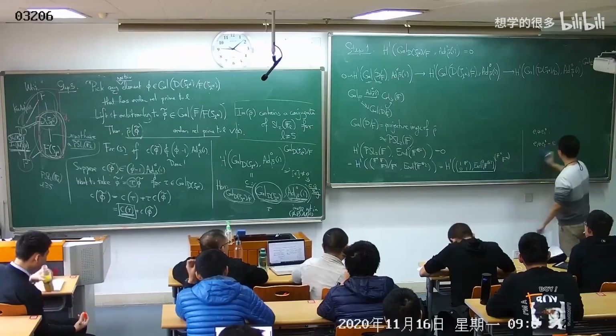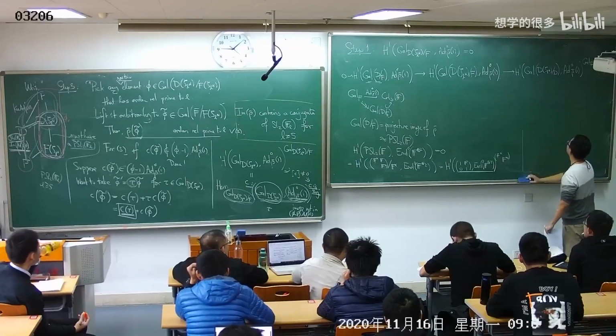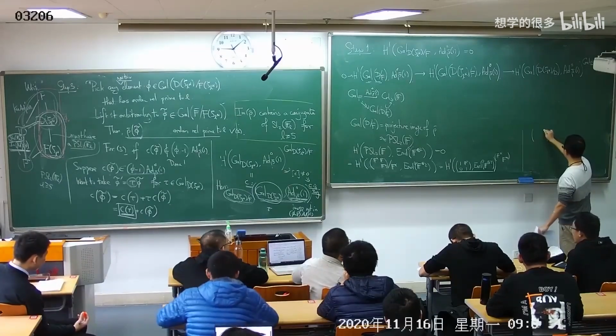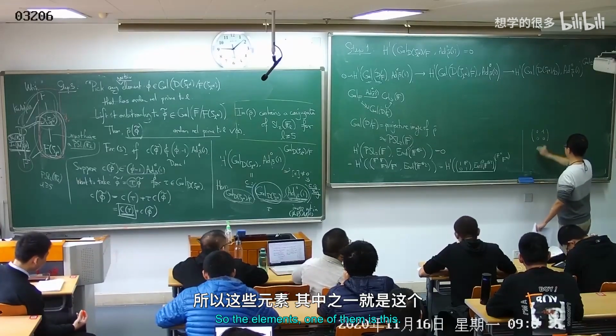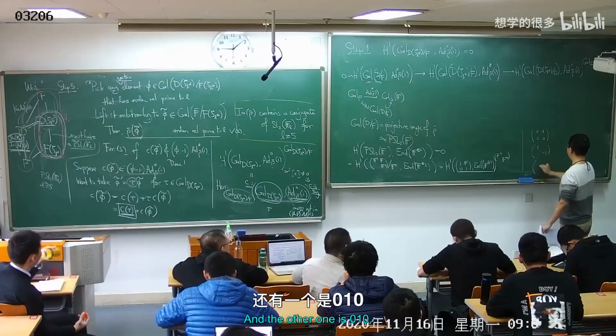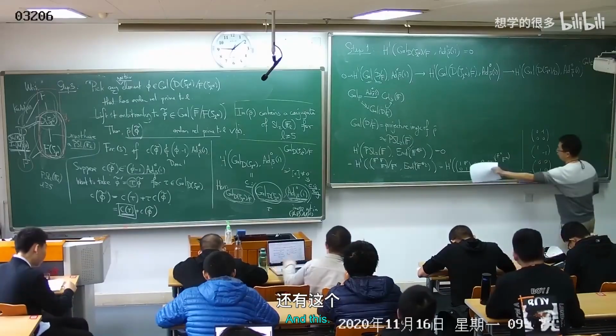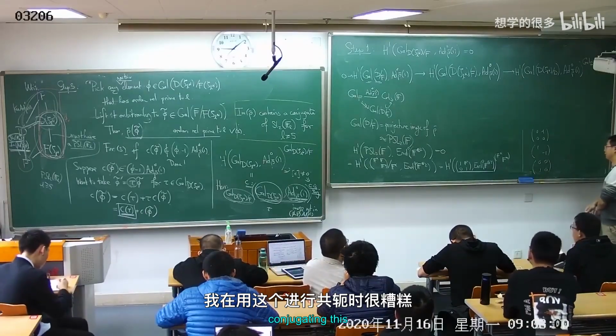Or maybe write it in terms of matrices. So the elements, one of them is this, the other one is this, and the other one is 0, 0, 1, 0.